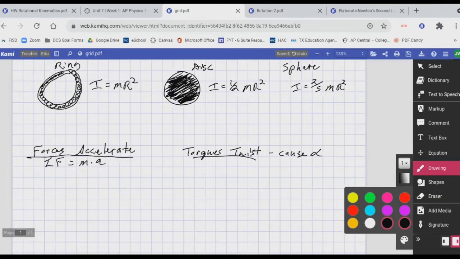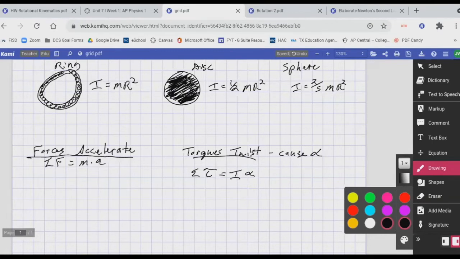Here we can create our formula then and say, well, the summation of torques, and that's a Greek tau. I know it looks like a crooked C with a top on it, but that's a Greek tau, is equal to rotational inertia times angular acceleration. Torque, or the summation of torque in a system, is equal to the rotational inertia times angular acceleration.